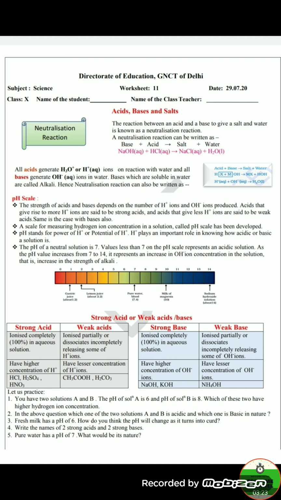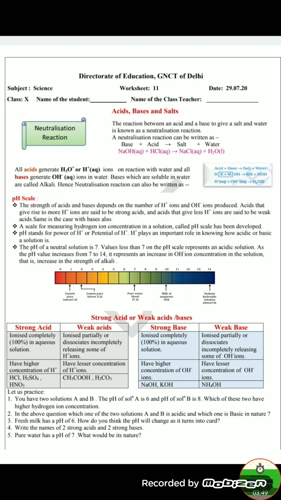Now we are going to study a new concept, that is pH scale. What is pH scale? The strength of acid or base means how strong or weak the acid is, you can say.